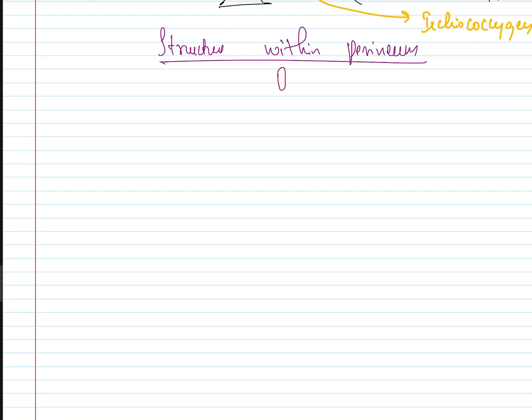This is your clitoris, and inside is the urethra. This is the vagina, and next to the urethra are your paraurethral glands, and here in the vagina you have the vestibular glands, and outer to this is your labia minora. The posterior part is known as posterior fourchette.